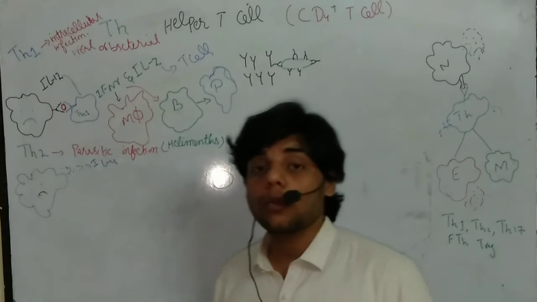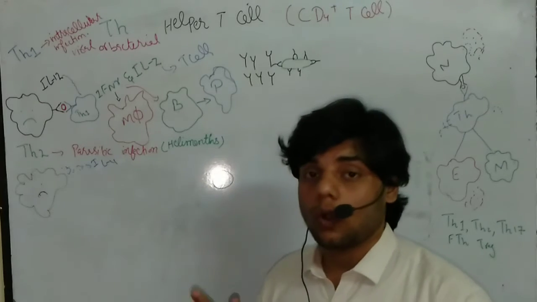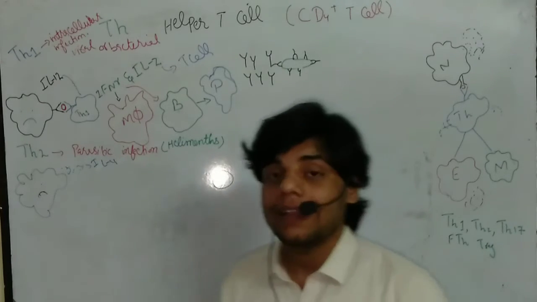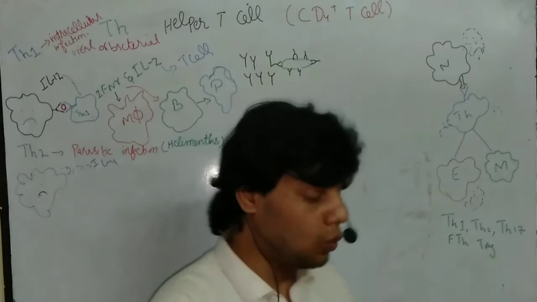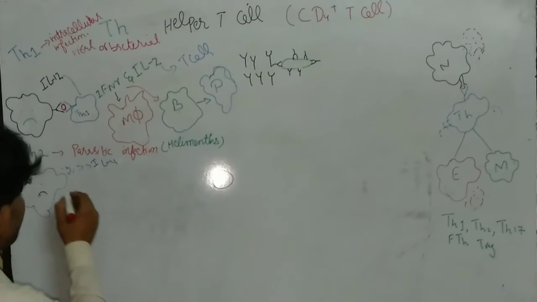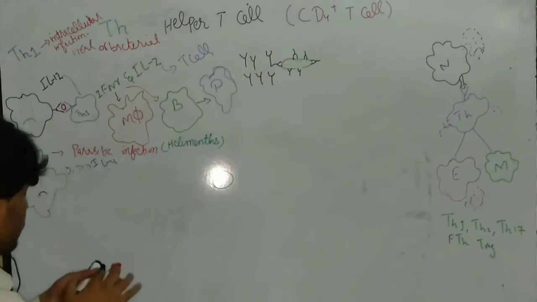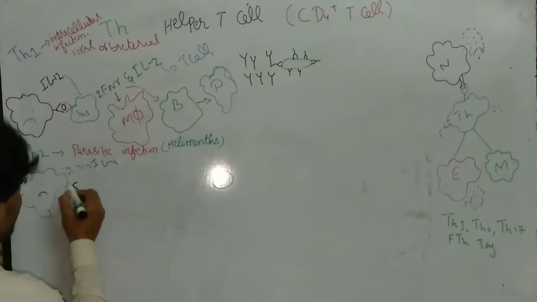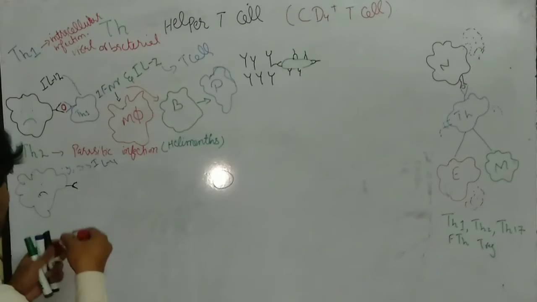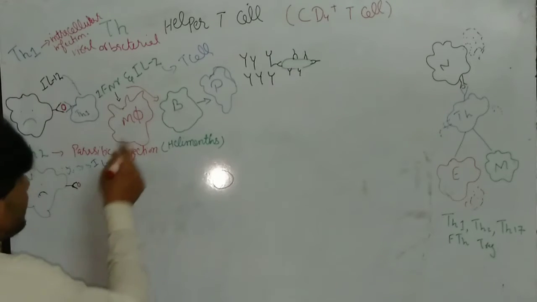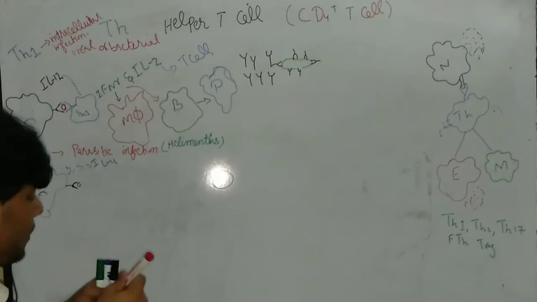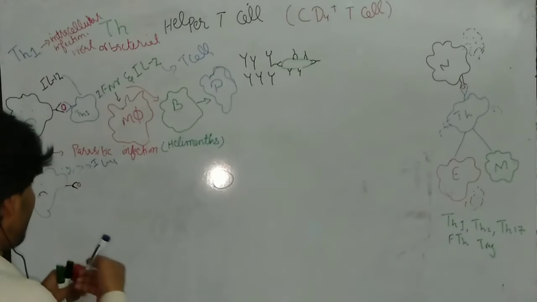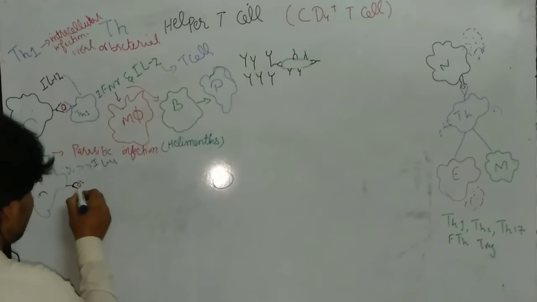This interleukin 4 will activate the helper T cell 2, or mainly they will first of all activate the helper T cell. So let's suppose this is the receptor, as you can see, and from there they will represent a portion of that helminth. The helper T cell will come in contact with this antigen.